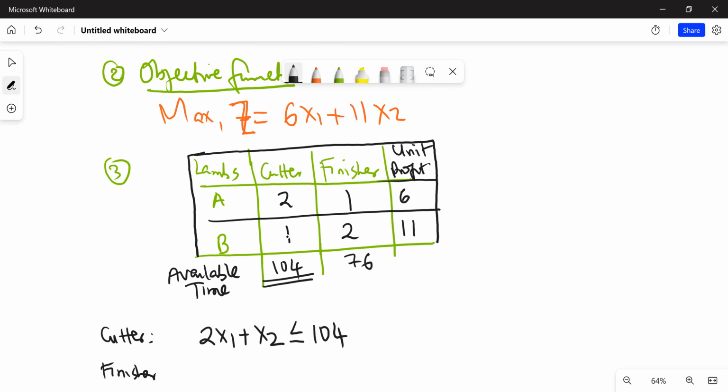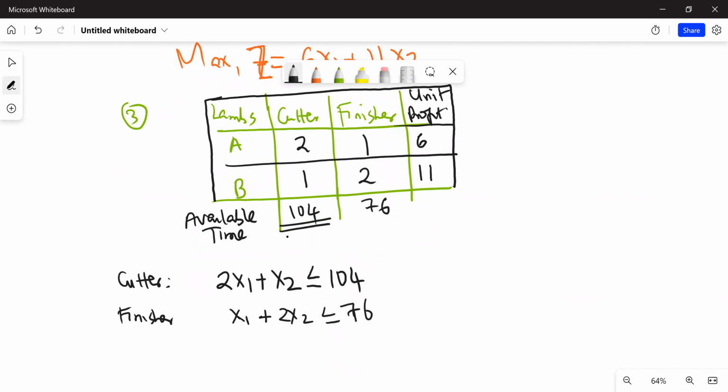So in total, lamp A will require 1 times X1 hours, and lamp B will require 2X2 hours on the finisher machine. And that total time should not exceed 76.